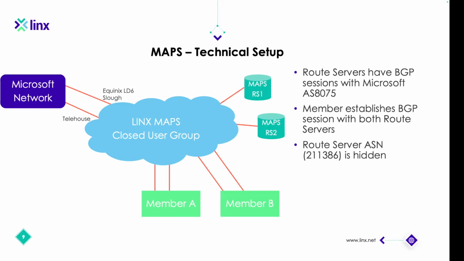The only difference on the root server setup here versus normal traditional IXP root servers is that your prefixes will only get announced to Microsoft, and the only prefixes that you will receive through that BGP session will be the Microsoft prefixes.